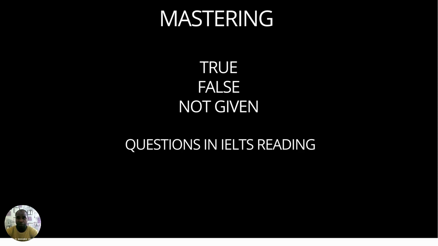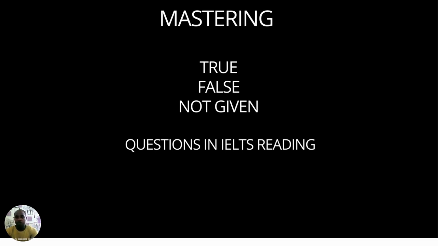You should also make sure to read the question and all the answer options carefully, as sometimes subtle differences in wording can make a big difference in whether an answer is true, false, or not given. I think that's what we call the controlling words. Controlling words in this kind of question can alter the meaning of statements, so you also need to look out for them.